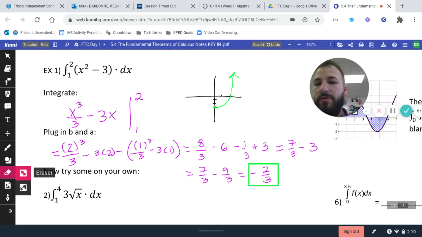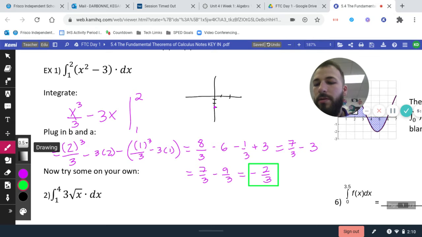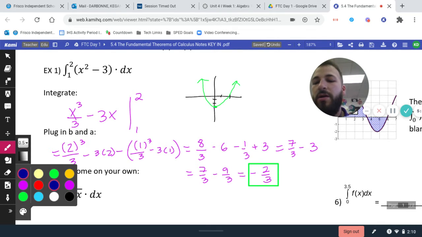So if this was our curve, and I'm going from 1 to 2, it's this little area right here and right here. So that's what we found.